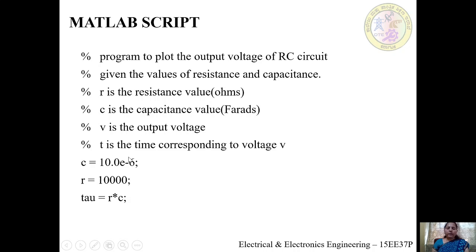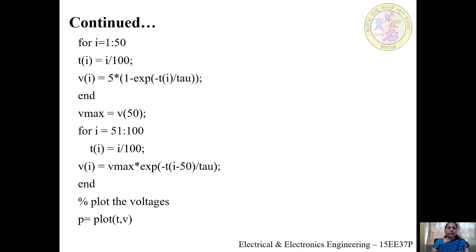So now we need to enter those values in this program. Then the time constant of RC circuit is R into C. So that I have taken it as tau. So tau is equal to R into C. Then I am using a for loop here.